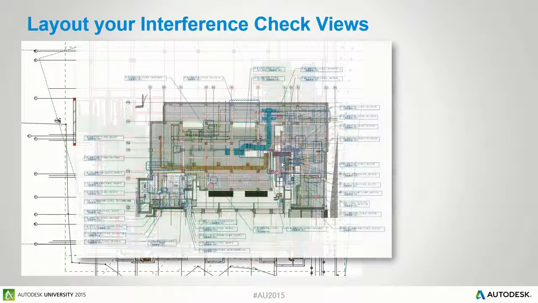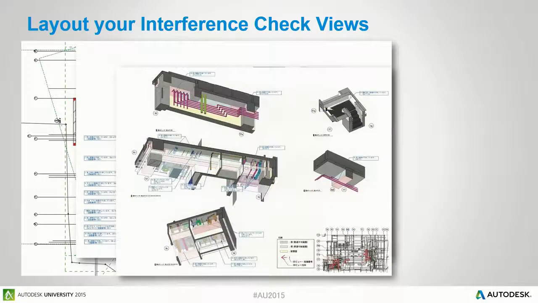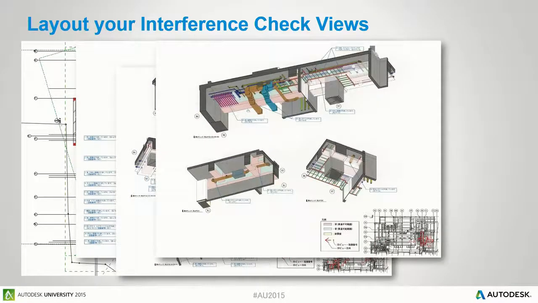So here are the sample layouts or views created by my colleague here in Taisei. She did very well in creating these views. We use these views to submit to our designers or to our engineers so that they can talk and decide on what to do next.